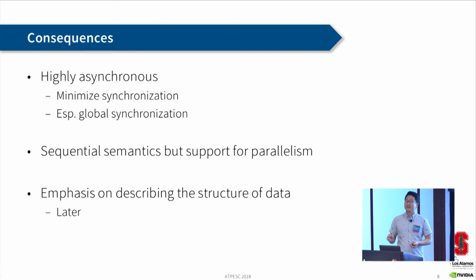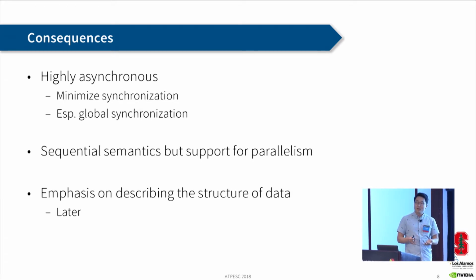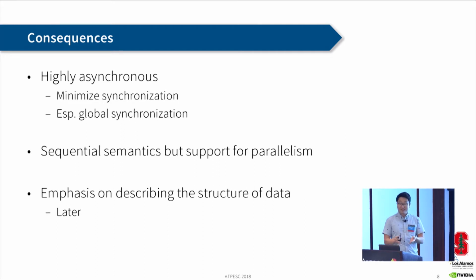We want to minimize the synchronization between tasks to achieve the maximal throughput. So all the synchronization and communication happen locally whenever necessary. And this is our way to achieve sequential semantics with the support of underlying parallel execution.